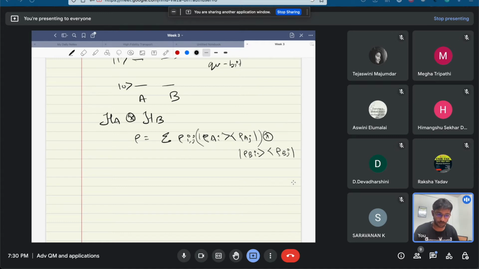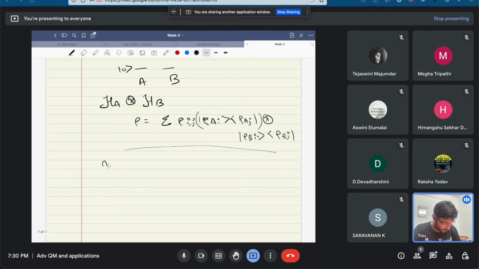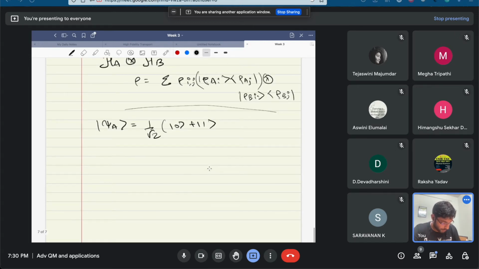But when you cannot write it in this particular form, then you call it an entangled state. For example, I'll show you. Let's say for psi A we consider a 1 over root 2 superposition state, and similarly for psi B we take the same state, or you can actually generalize it to a random state as well. So let's generalize it to get a better understanding, that will help us.